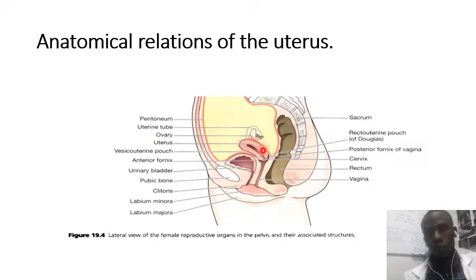On the superior aspect of the uterus, we always find the bowels, mainly small intestines. And then at the upper lateral ends of the uterus, we find the fallopian tubes and the ovaries, not excluding the broad ligament.